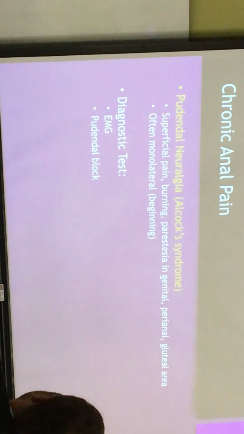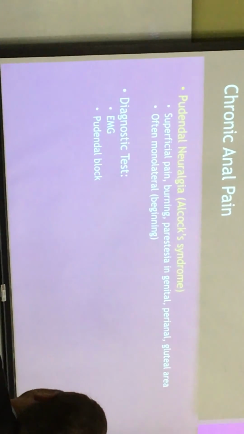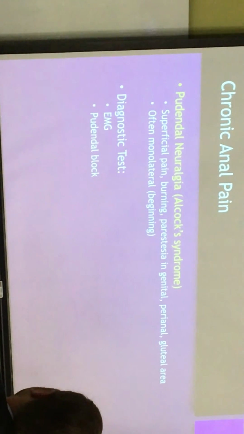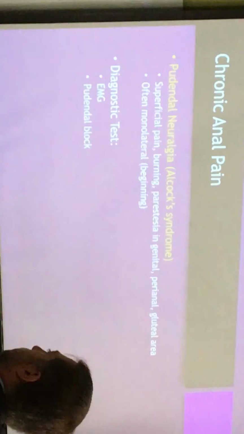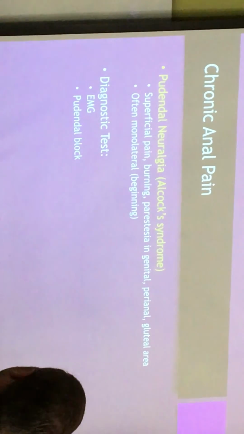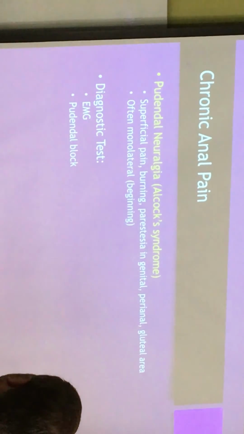Alcock syndrome is characterized by a superficial pain, which is different in kind because most of the time it's a burning, superficial pain. It often comes with paresthesia in the genital and lower leg area, and at the very beginning in the history of the patient it is usually monolateral.